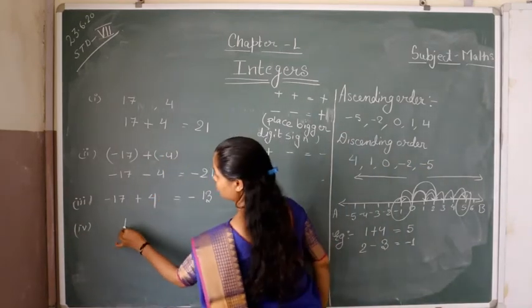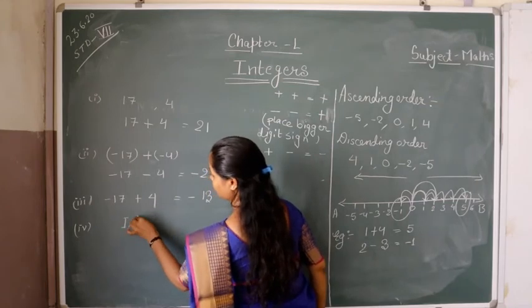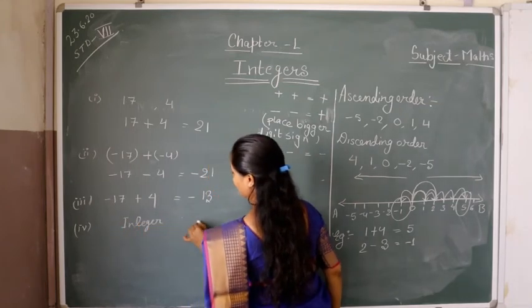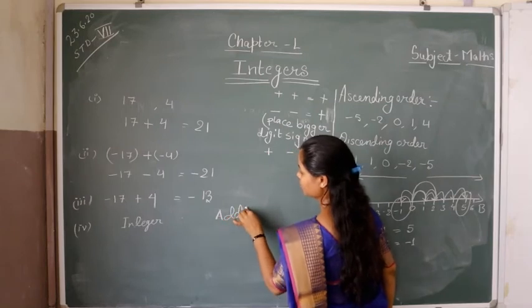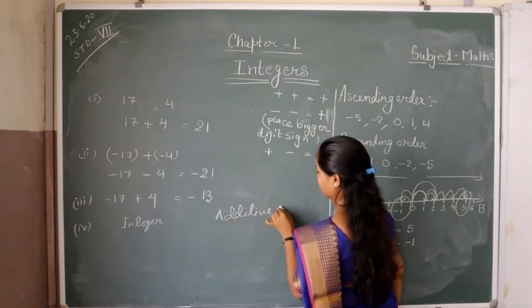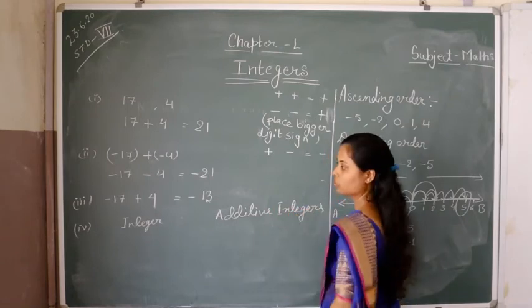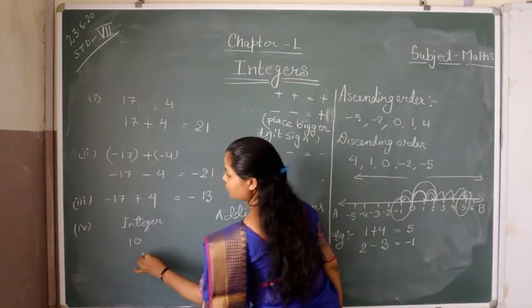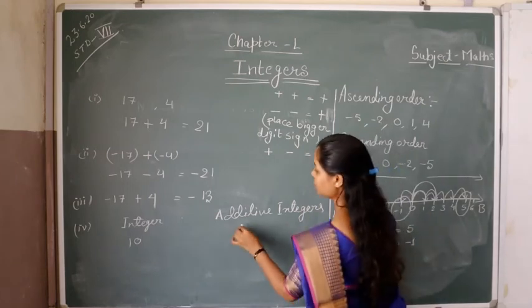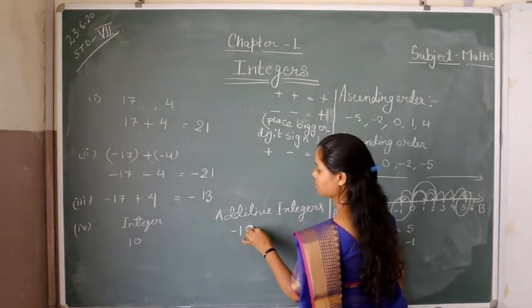Next one is, we will take some integers here and write here their additive inverses. For that, suppose we have 10. Its additive integer is minus 10.